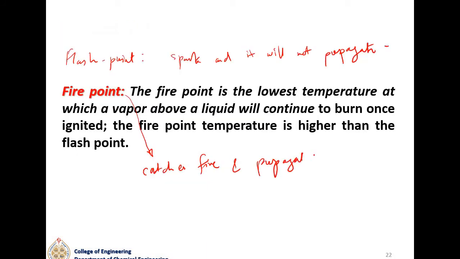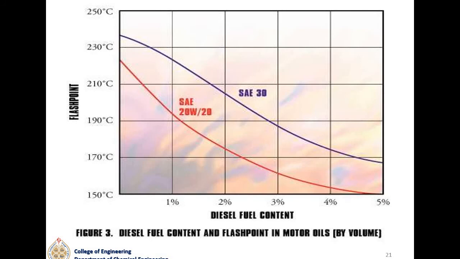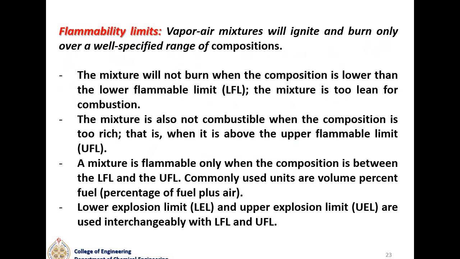That is the difference between the flash point and the fire point, which means the fire point is higher, so the temperature should be a little higher for it to catch fire. So if the flash point was at 1%, then the fire point would be at a little higher.